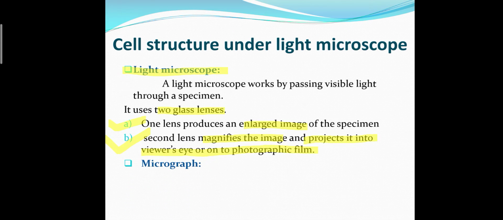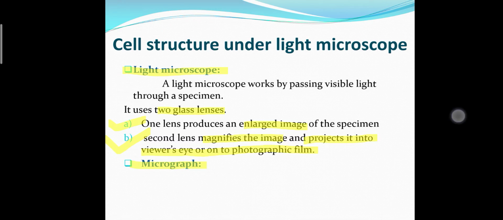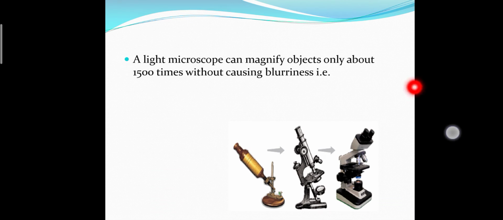Now we will talk about the micrograph. What is a micrograph? A photograph taken through a microscope is called a micrograph. A light microscope can magnify objects only about 1500 times without causing blurriness.